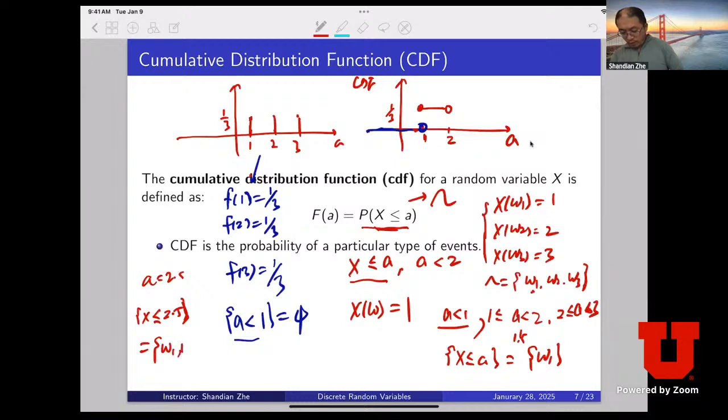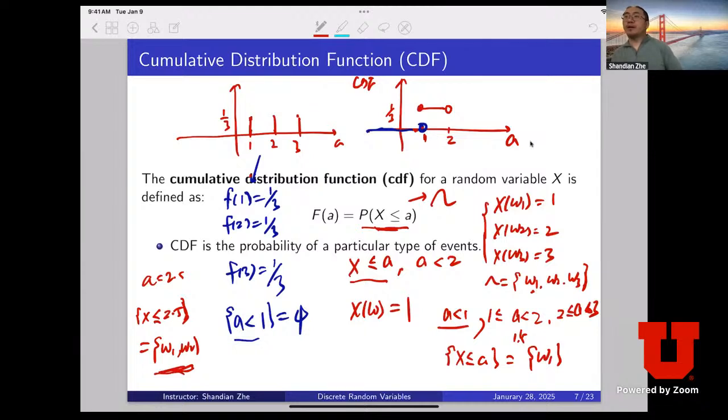Omega 1 and omega 2, because at both omega 1 and omega 2, the random variable's value is less than or equal to 2.5, right? So then the probability of this will be 2/3. You just add, you got two elements, and the sample space has only 3 elements total, right?